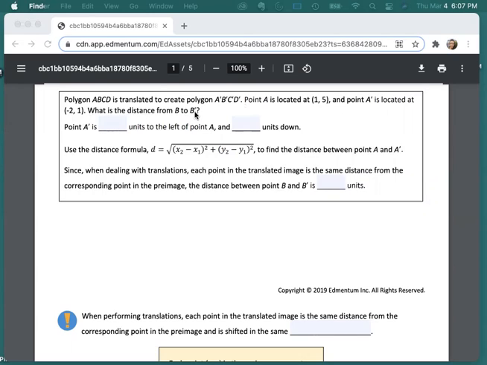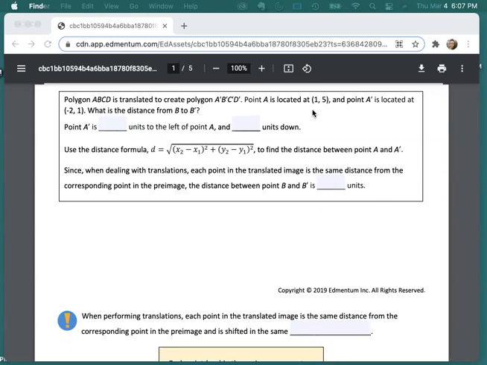So if you're moving from 1, 5 to -2, 1, I'm going to try to draw this.